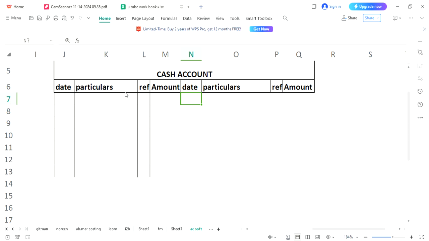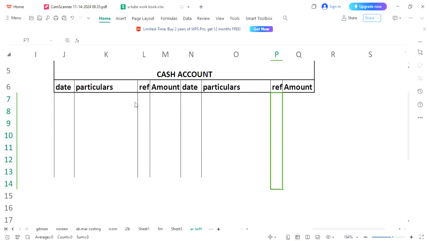Alright, again here we are going to put the same lines, one at the left and one at the right border. Lines are being completed. As you can see, our required schedule related to the ledger is going to be completed.